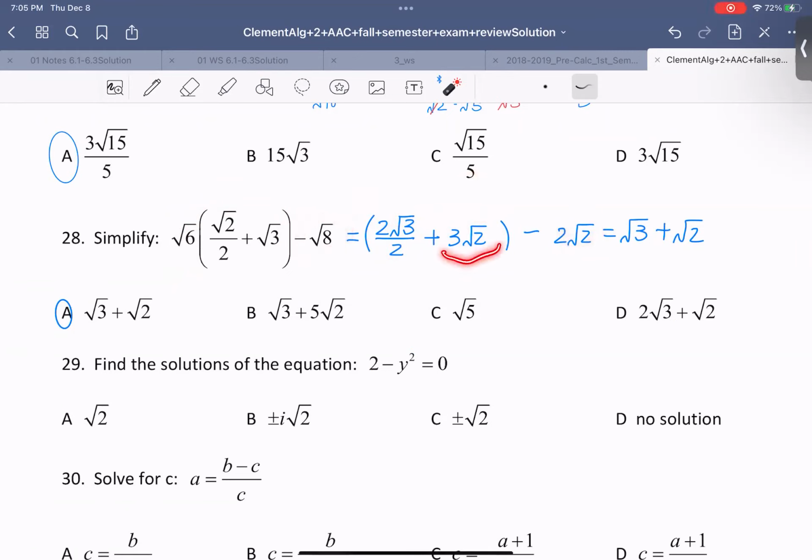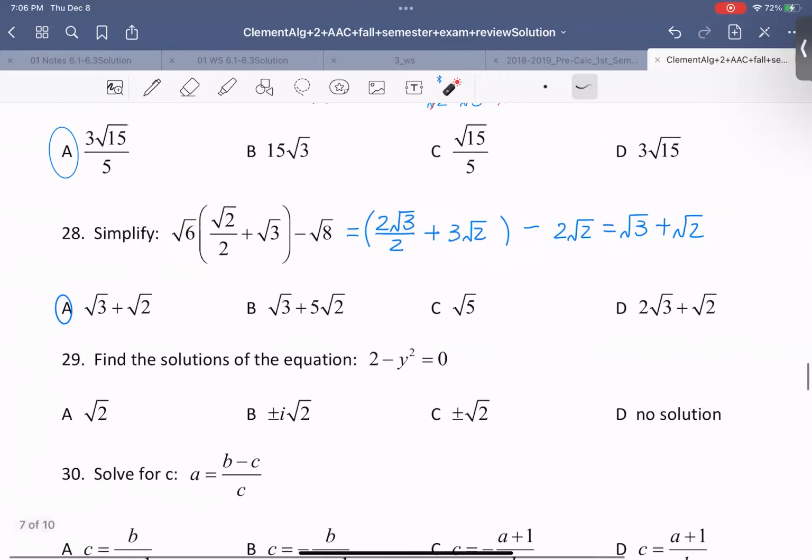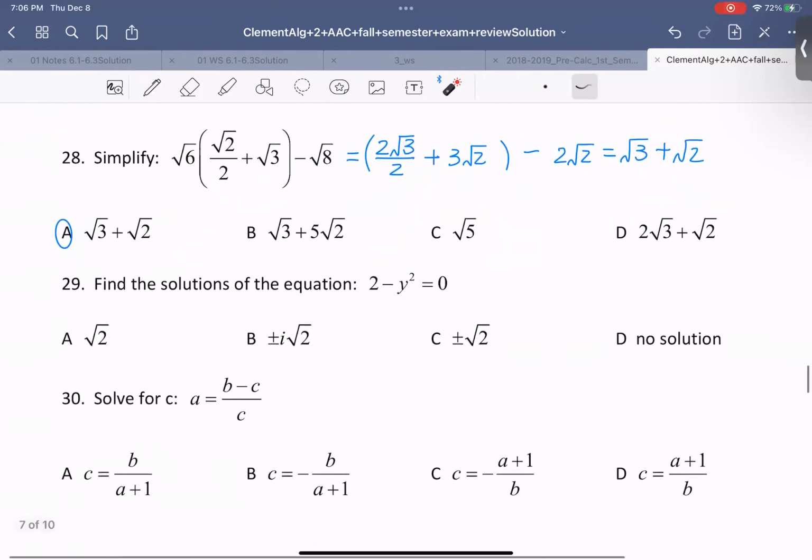And then you can see this guy, 2 and 2 cancel, so you have square root 3. This minus this, which is positive, okay? So for the final, the majority of the questions shouldn't be hard, but you have to be careful. It makes those answers look very similar. So if you do it too fast, even though you got the correct answer, you may choose the wrong one.